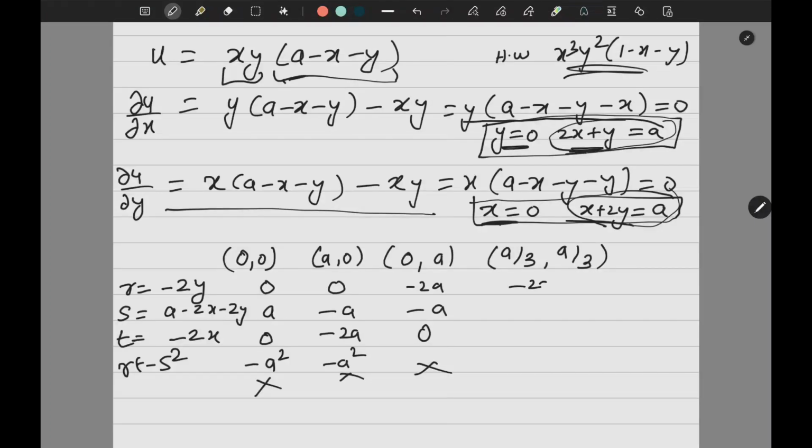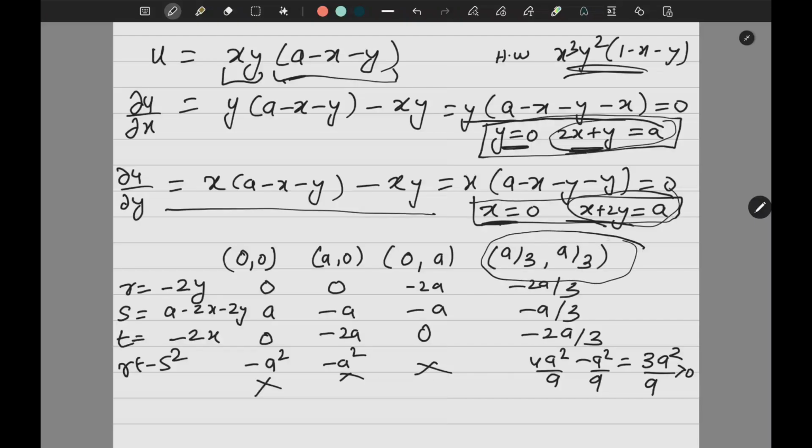Now this is minus 2a by 3, minus a by 3, minus 2a by 3. Correct? Now here RT minus S square will become 4a square by 9 minus a square by 9, which is equal to 3a square by 9, which is definitely a positive number. Right? So now RT minus S square is positive only for this point.